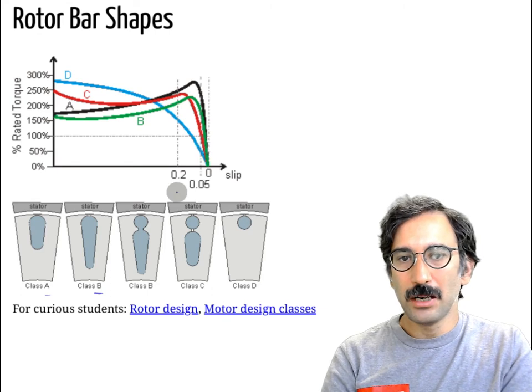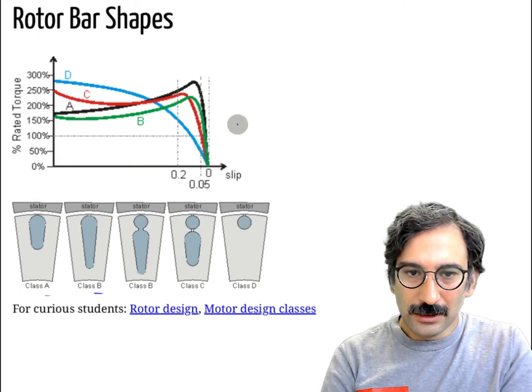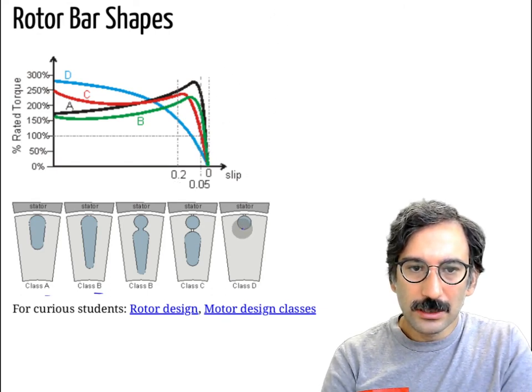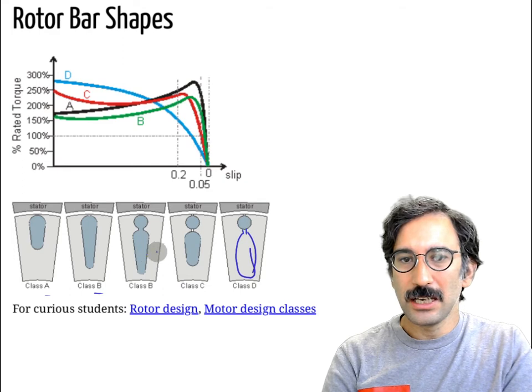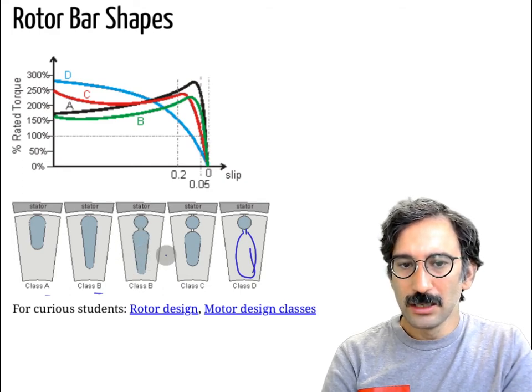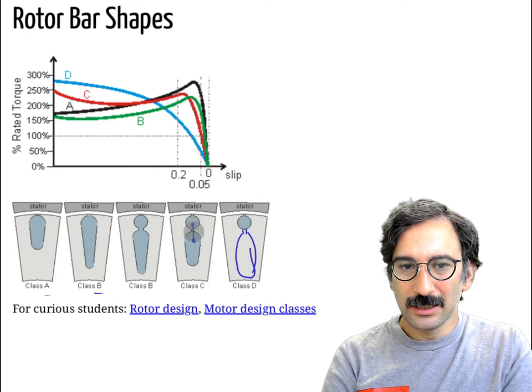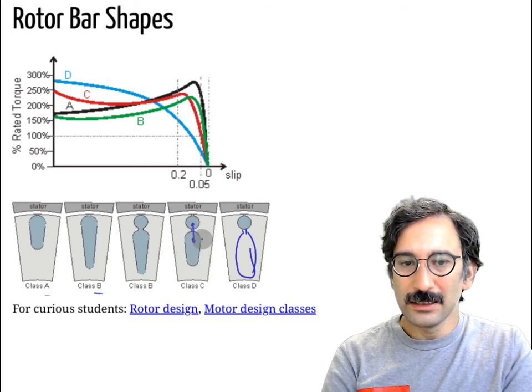Okay, however, there are motors called deep cage motors. They have really thin connections, or they have a double cage.